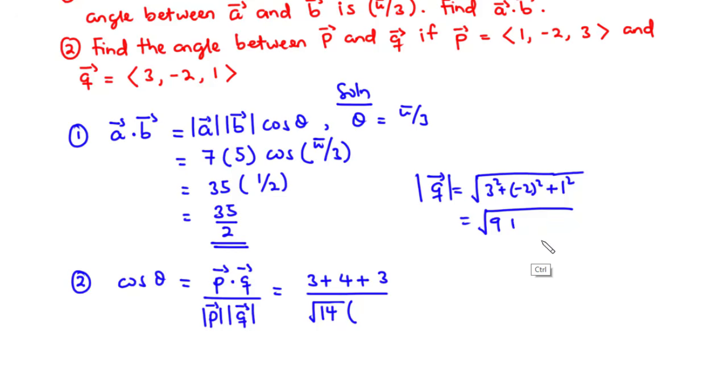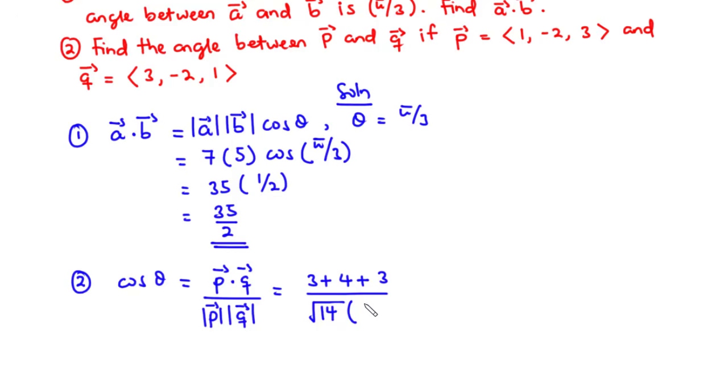So the magnitude of vector Q is also the square root of 14 units. Let's insert that here: square root of 14.